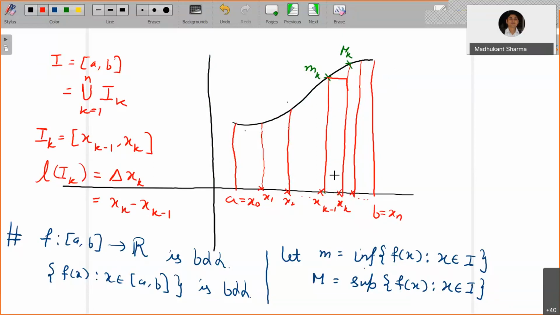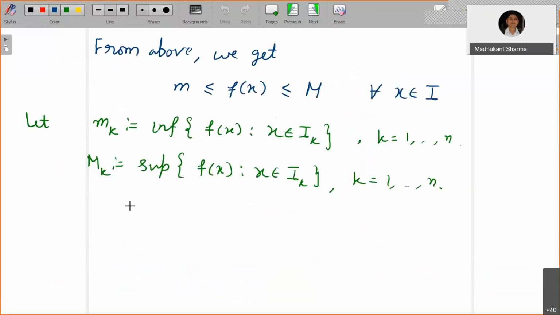Now for the case of capital Mk, you are going to have this one. So you can identify. Now clearly one thing is certain: small mk is always less than or equal to capital Mk for all k.